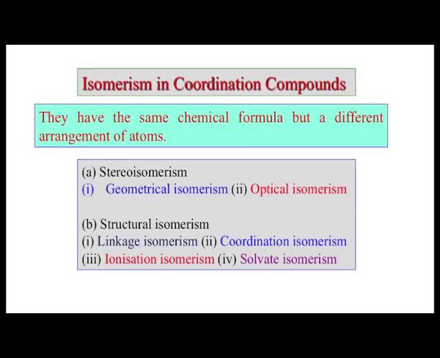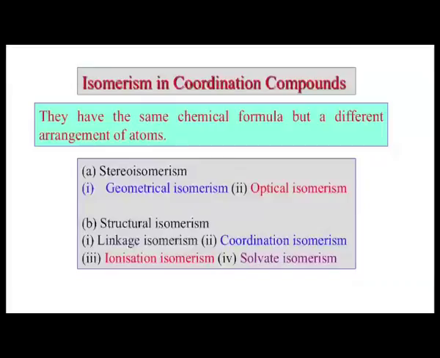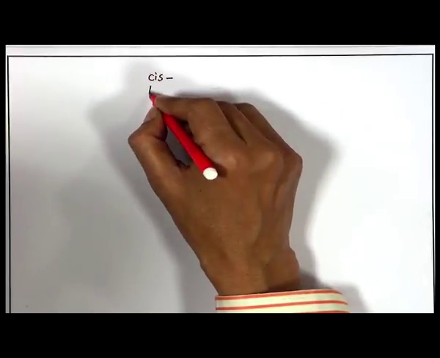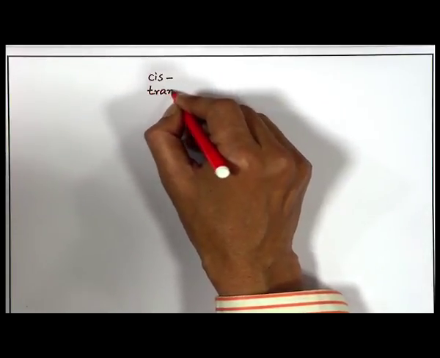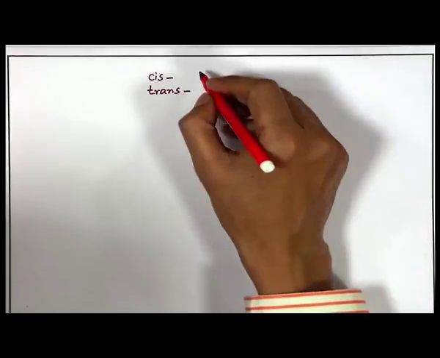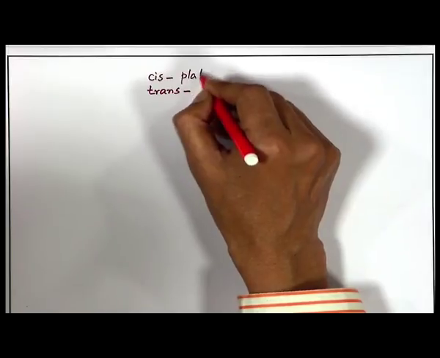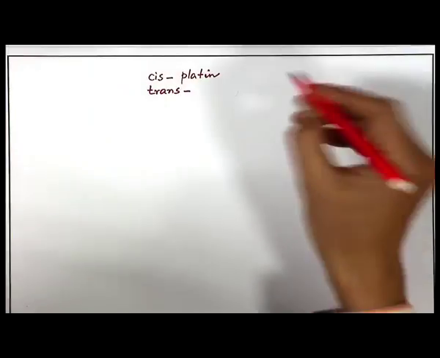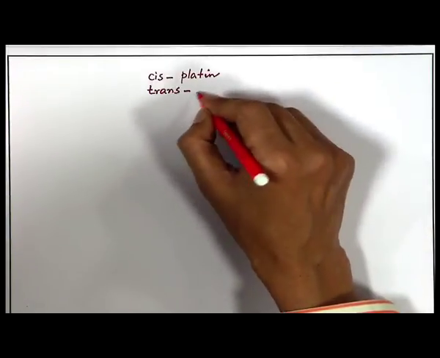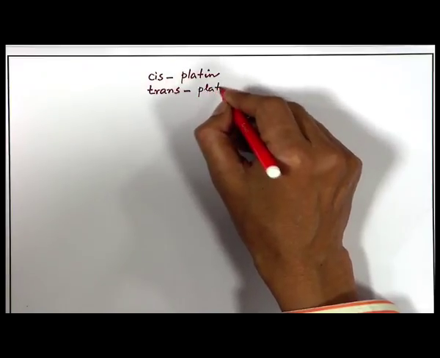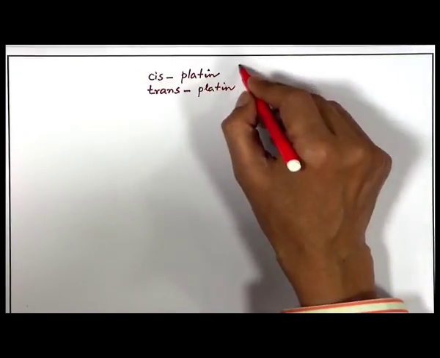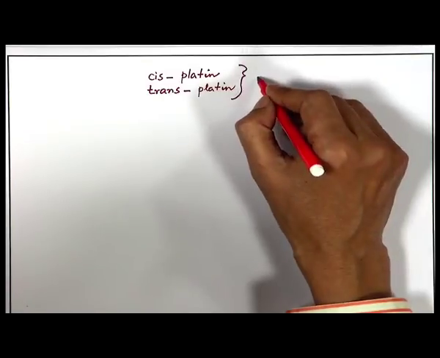Then we just move to isomerism. What we have just seen in the two examples is that we can have a cis compound or we can have a trans compound. So, cis we are now naming for this, and similarly we can have transplatin, but this platin nomenclature is a very common name.